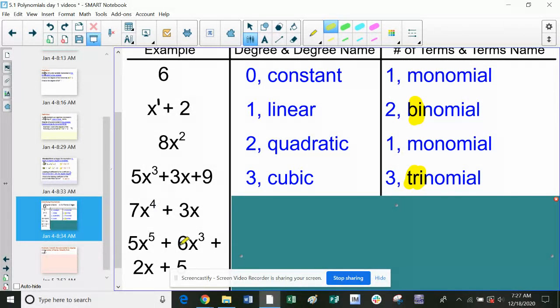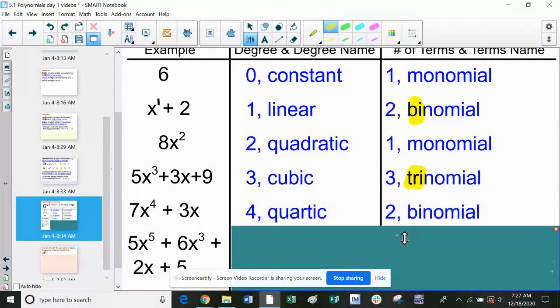Okay, when you get to an exponent of 4, that's when things get a little weird. The term quartic is used, not quadratic, because quadratic is 2, quartic. And I tell students, those of you who've had to deal with English units of measurement or the American system of measurement, there are 4 quarts in a gallon.